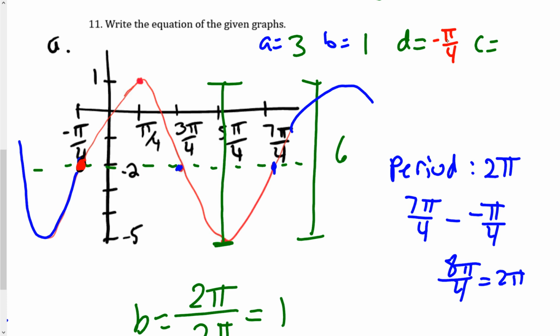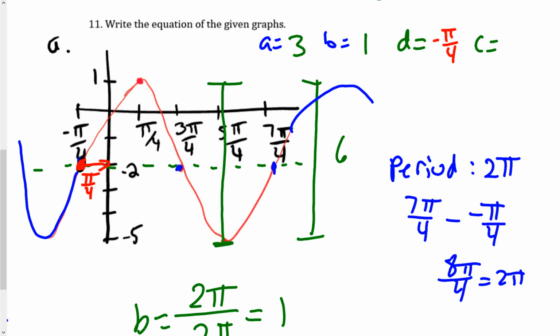I moved this forward pi/4, so what goes in the equation is pi/4. Basically, whatever distance you need to move that point to get to the x-axis is what you put in the equation. So my d is actually negative pi/4.